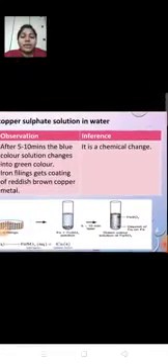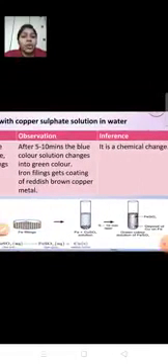Now over here what is happening? A new substance is formed, right? Blue is changing into green, iron filings are getting a deposit, so definitely it is a chemical change. Now how did the color change from blue to green? This is a displacement reaction. A displacement reaction means when a more reactive metal displaces a less reactive metal.